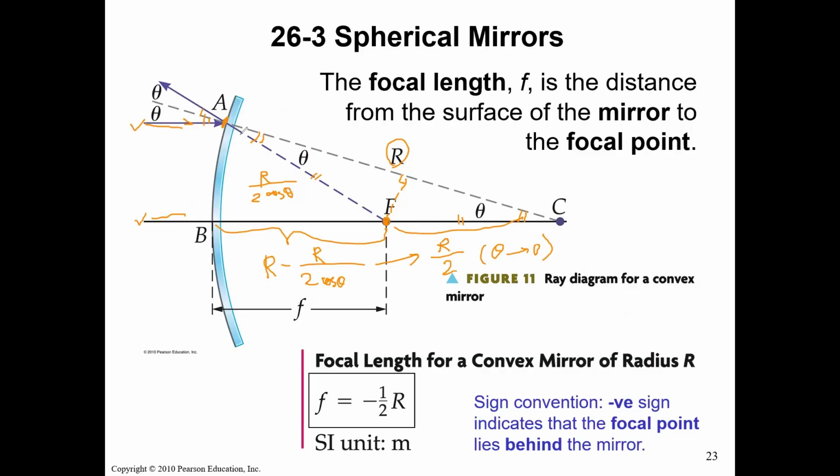But if we extend the lines, and if the angle theta is small, the lines will cross the principal axis at the same point F, and the distance between this point F and the mirror is called the focal length. It's a fixed value of half R, where R is the radius of this spherical mirror.